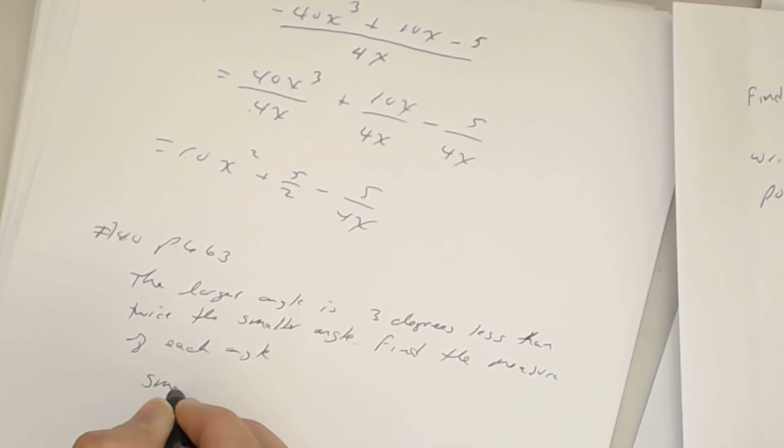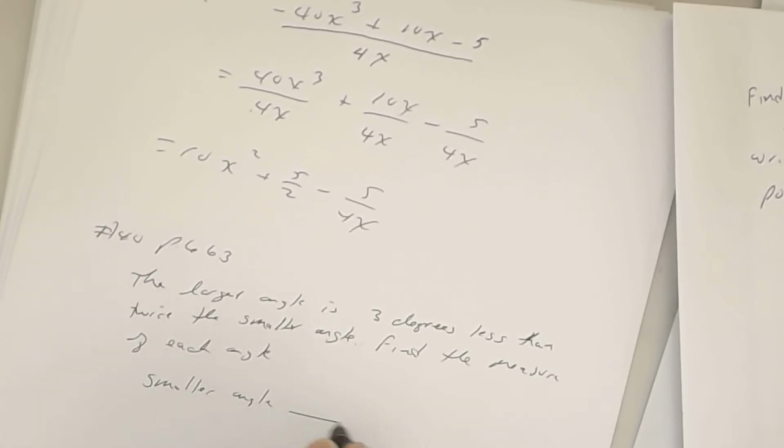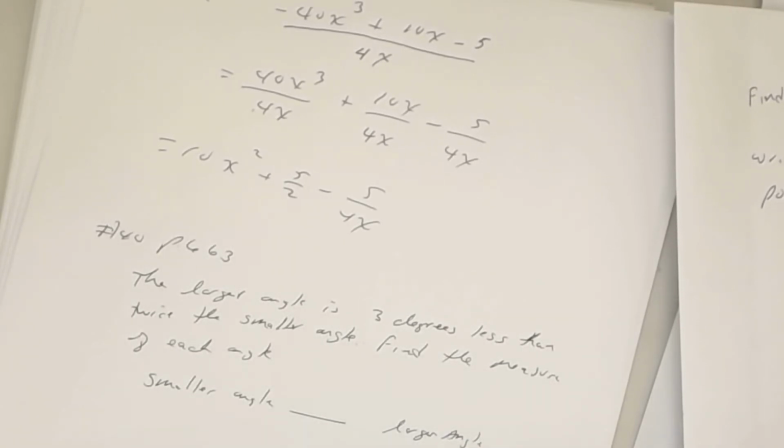So I'm going to have this written out for you like this. It'll be smaller angle, blank, larger angle, just like you did on the test. So the expressions. What would you let the smaller angle be? X. Okay. What would the larger angle be based on what the word says? 2x minus 3. Good, because remember the word's less than, you got to reverse. Now you're going to set the equation.